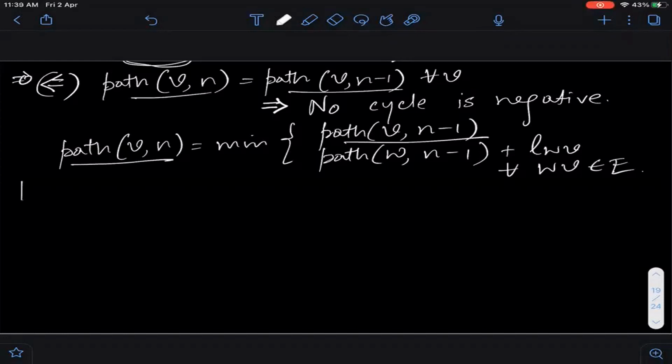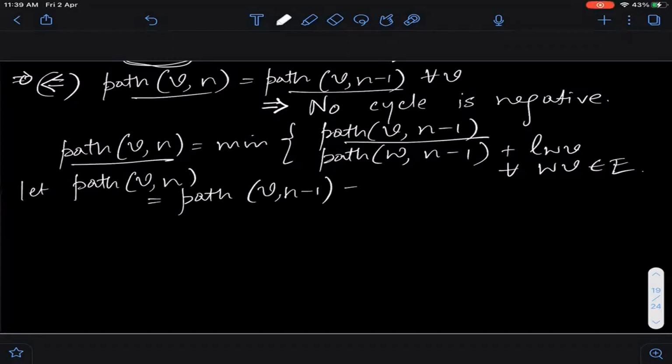तो मैं I'll introduce a notation. So let path v comma n equal to path v comma n minus 1. This is my premise. और इसको मैं बस एक notation दे देता हूँ. Let me call this dv. Okay, this is just a notation. तो अगर ये notation ऐसा है, right? So how can I modify the recurrence with this particular notation?